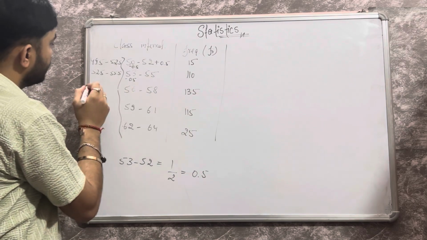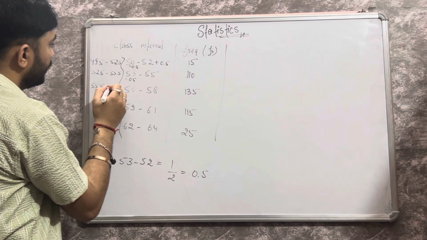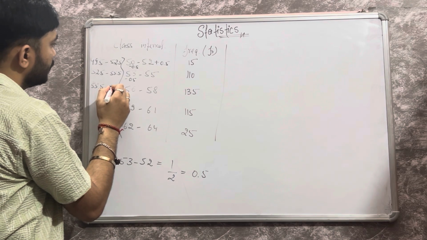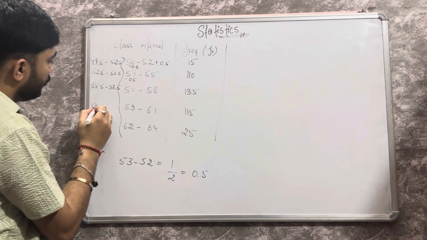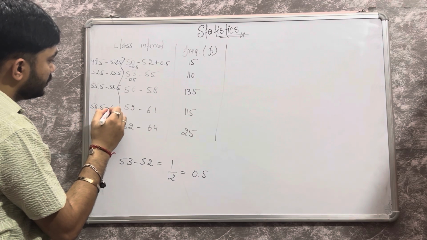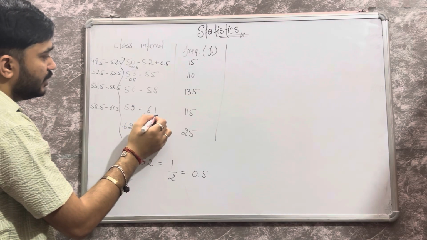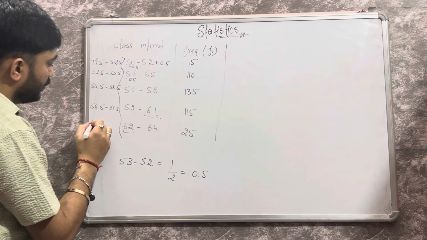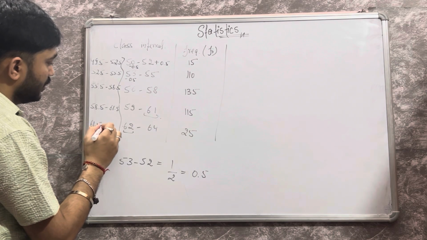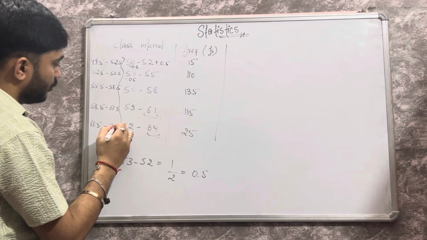Now subtract 0.5 from this, you will get 55.5 to 58.5. Subtract 0.5 from here, you will get 58.5 to 61.5, and add 0.5 in 61. Subtract 0.5 from 62, you will get 61.5, and add 0.5 in this value, you will get 64.5.